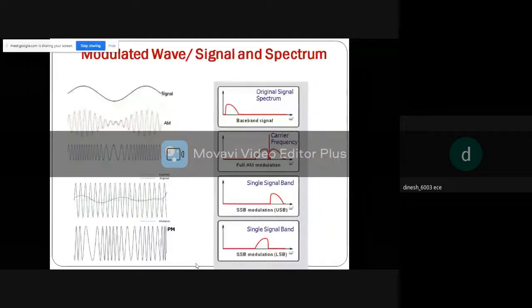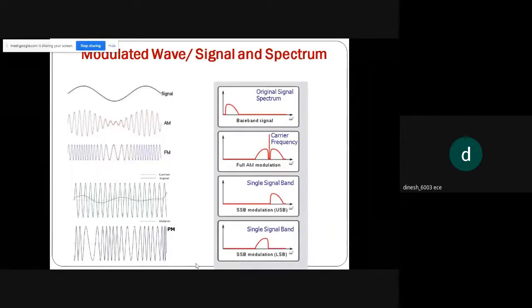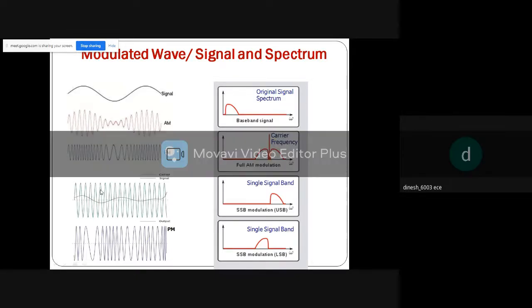So these are some of the examples. We have a signal. We have the AM, amplitude modulated. You see, we have the frequency modulated. Here I distinguish the carrier and the signal, and we have the phase modulated.